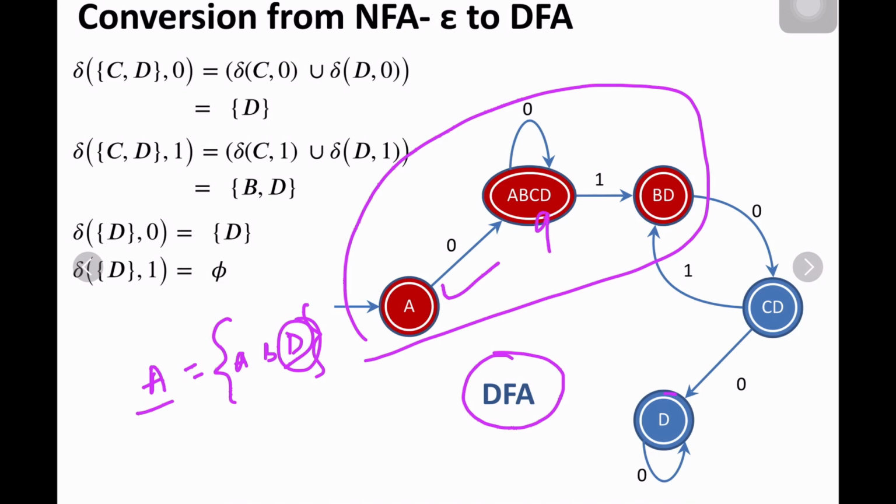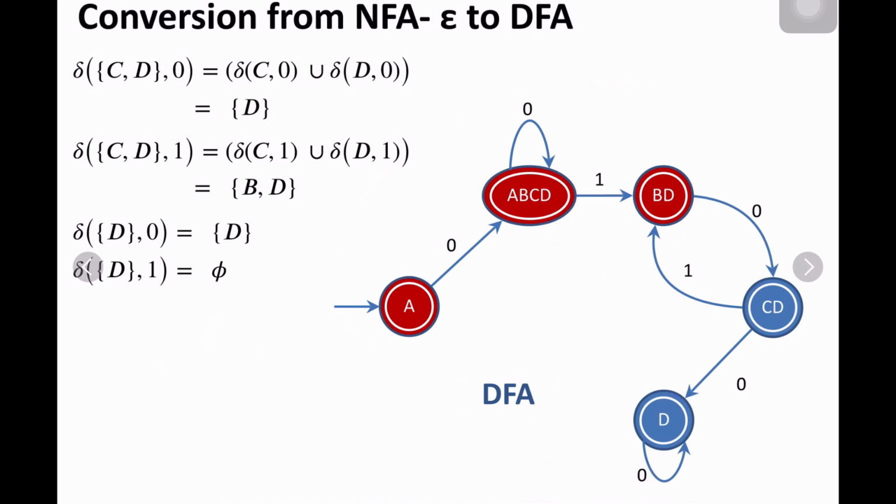In this case, D is a final state of the given NFA, then A, B, C, D. Then BD also, since it contains a final state, you can make it a final state. Even CD also, C also contains D, the final state of the NFA, so it is also a final state, and D also. All three are final states in this final DFA.